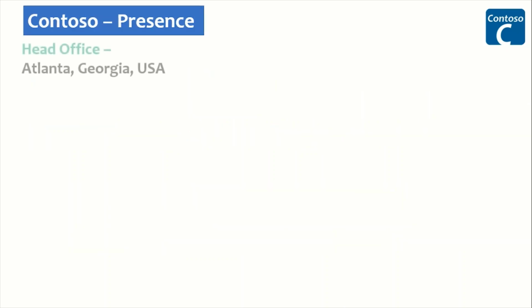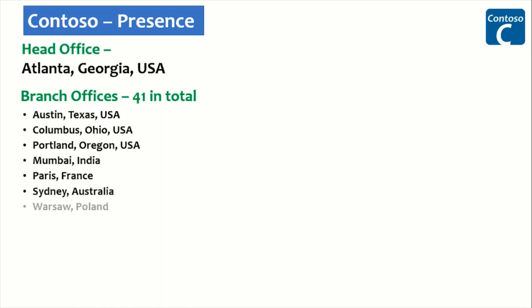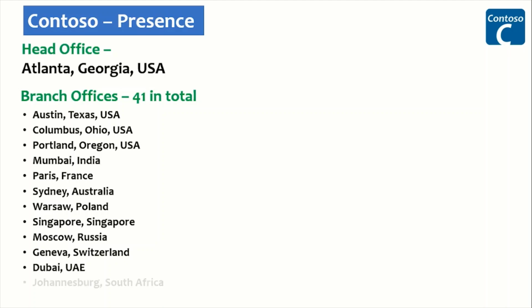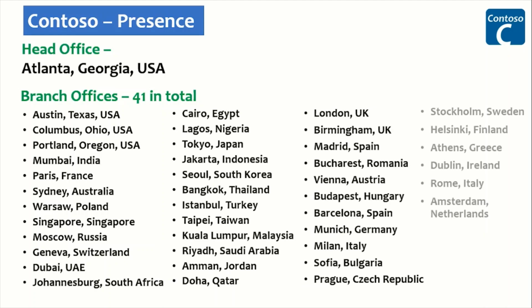So Contoso's headquarters is in Atlanta, Georgia, and it has 41 branch offices. So Austin, Texas, Columbus, Ohio, Portland, Oregon, Mumbai, Paris, Sydney, Warsaw, Singapore, Moscow, Geneva, Dubai, Johannesburg, and these are the 41 branch offices of Contoso Financial Services.